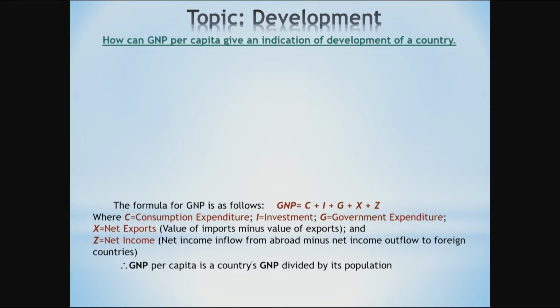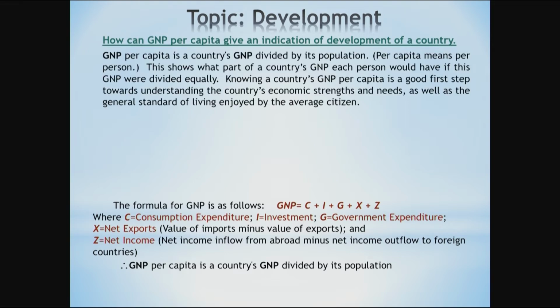And therefore GNP per capita is a country's GNP divided by its total population. Therefore, GNP per capita is a country's GNP divided by its population.